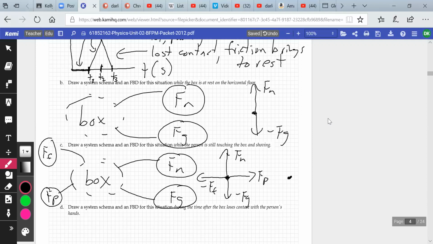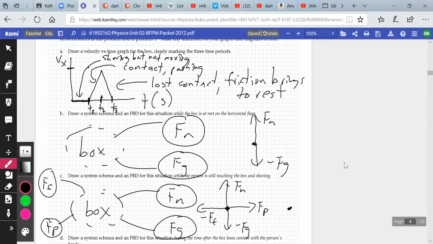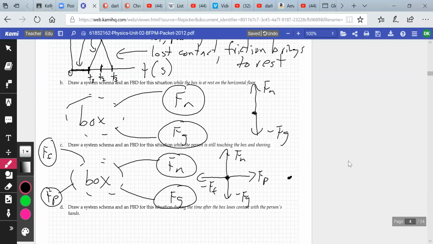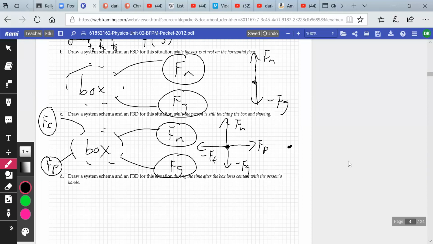Then this free body diagram here would be from 0 to T1. Then from T1 to T2, I have normal force, force of gravity, pushing force like that, and then my kinetic friction is just going to be a small amount. Any questions on that? See the differences?